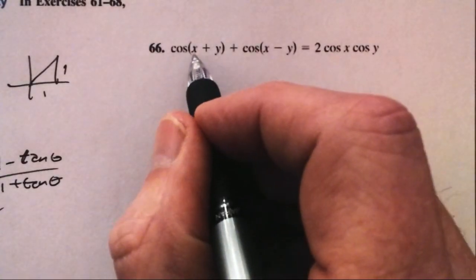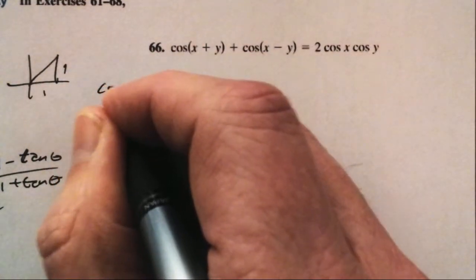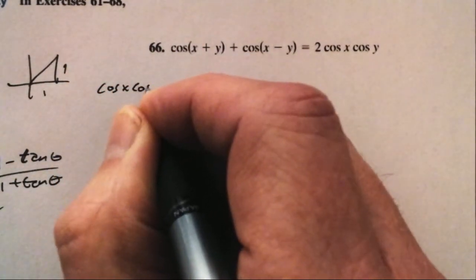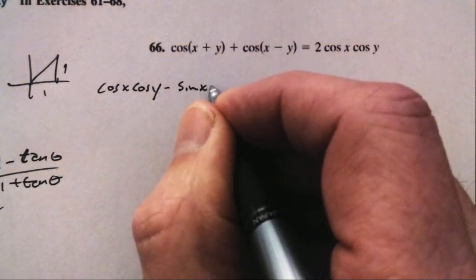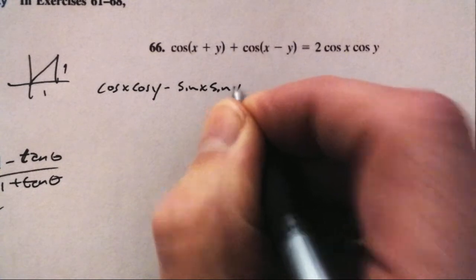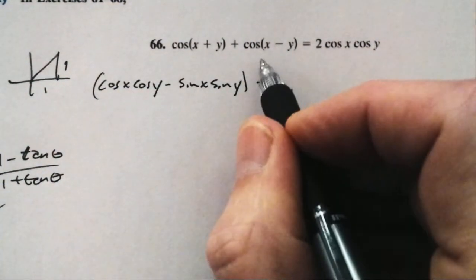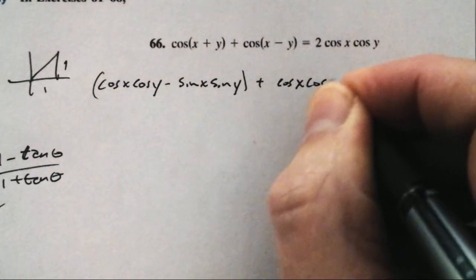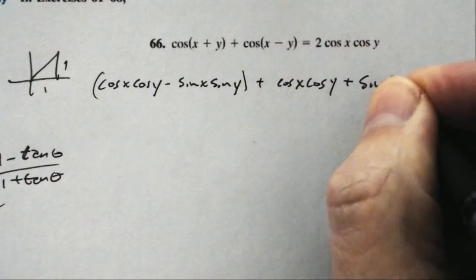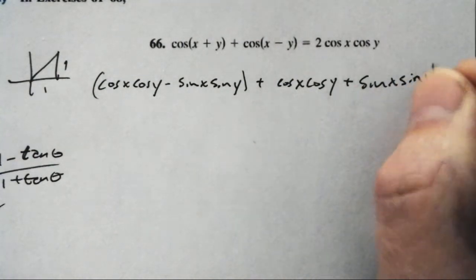Need some room here. Cosine of a sum is cosine x, cosine y minus sine x, sine y. So there's that one. Plus cosine of a difference is cosine x, cosine y plus sine x, sine y.